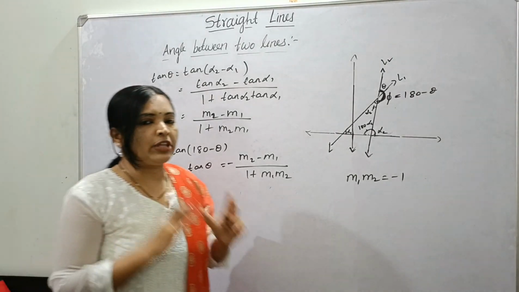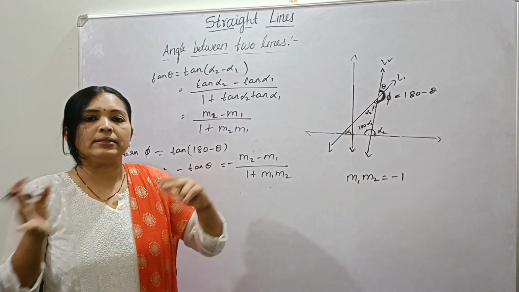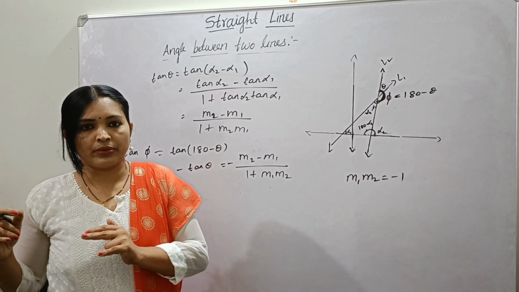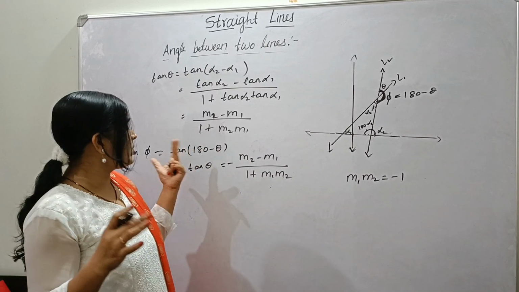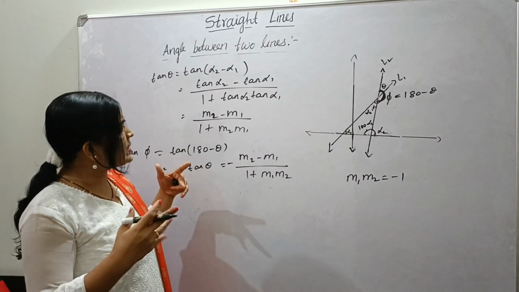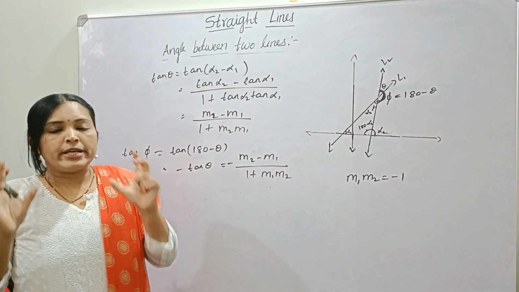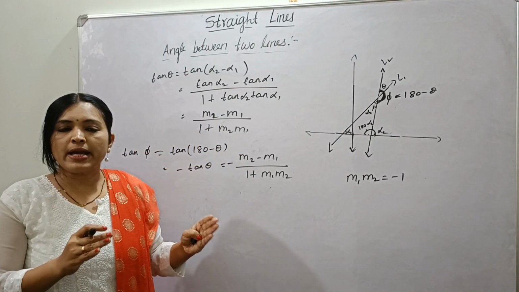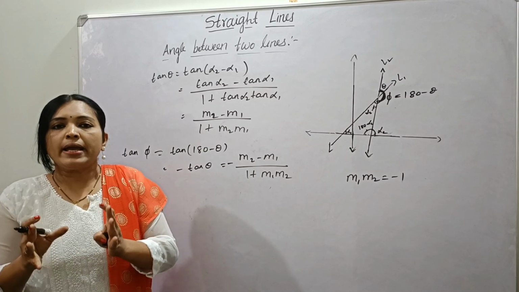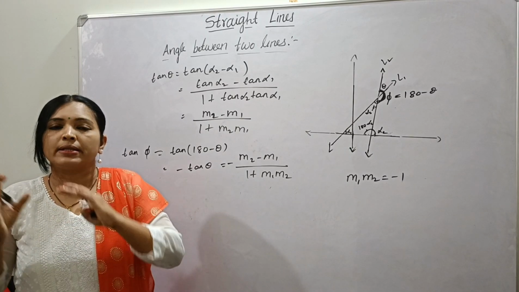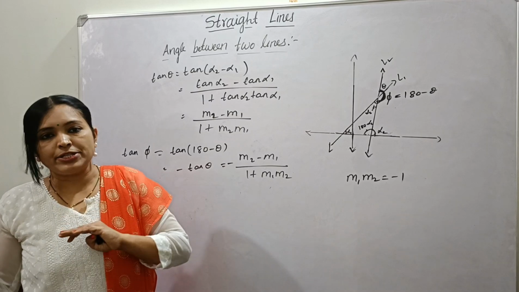We know that if theta is greater than 90, then tan theta will be negative. You can check it from the trigonometric table. Just remember, if tan theta is positive, then theta is an acute angle, that is, theta will be less than 90 degrees.